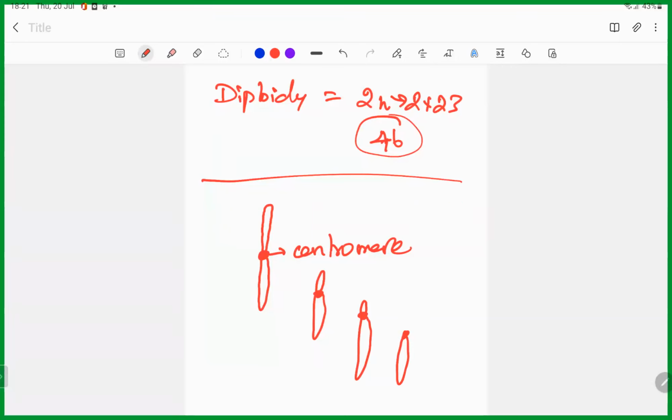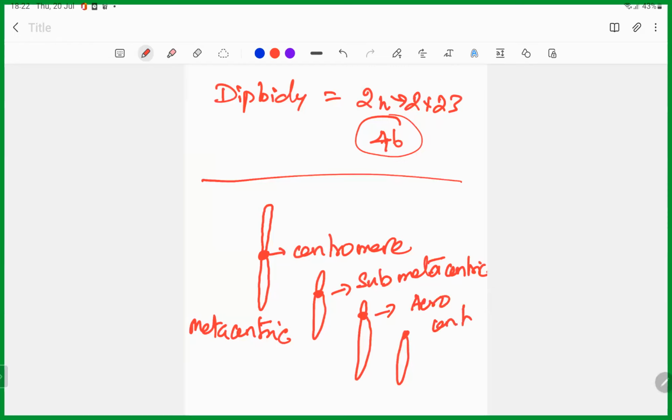These chromosomes are called metacentric. The second chromosomes are called submetacentric. The third one is called acrocentric. The fourth one is called telocentric.